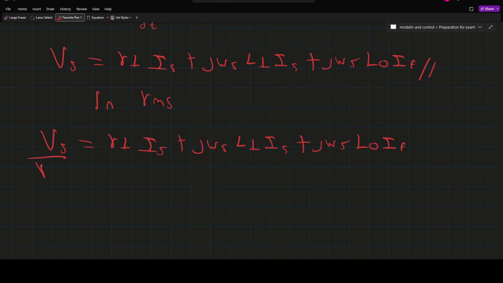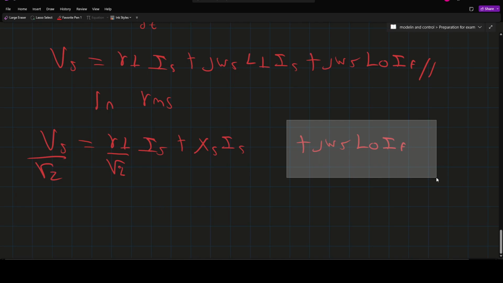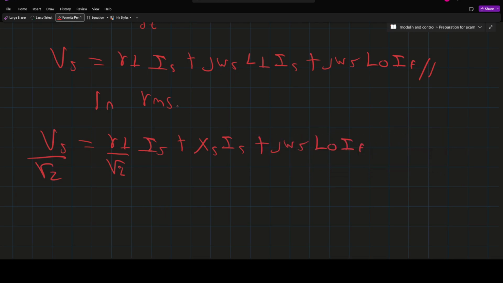So Vs over square root 2 equals R1 Is over square root 2, plus, I'm just going to write it, this is going to be our Xs, Is over square root 2, and this term over square root 2. Okay, so this is our equation in RMS.